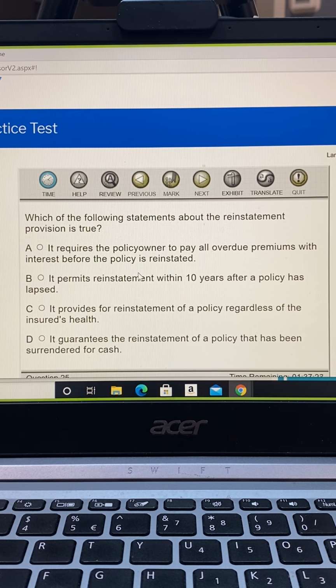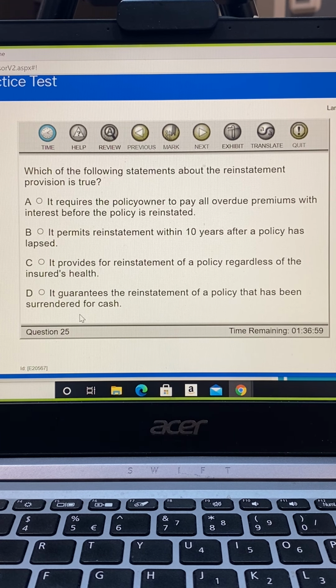Which of the following statements about the reinstatement provision is true? It requires the policy owner to pay all overdue premiums with interest before the policy is reinstated. It guarantees the reinstatement of a policy that has been surrendered for cash.